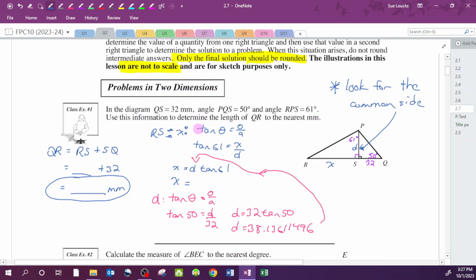That gives 68.79937259, and that's my X value, which equals RS. So I'm going to round that to the nearest millimeter. That's going to be 69. And if I add those together, I get 101 millimeters.